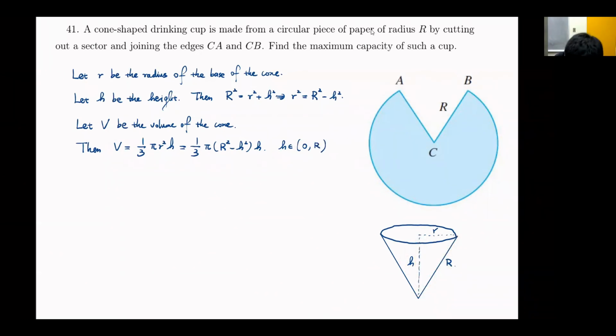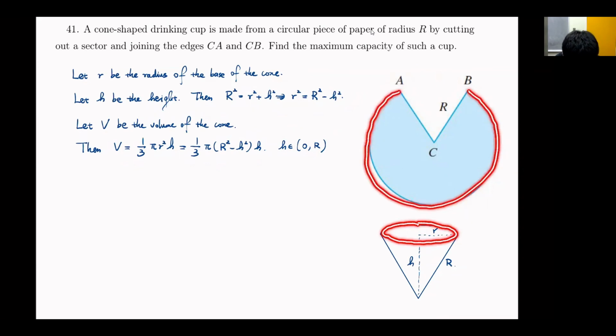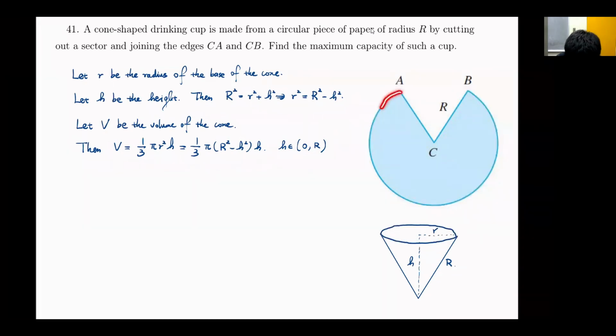Well, you could also consider what happens when h equals R. If h equals R, that means the radius is actually going to be 0, and that means this circumference equals 0. This circumference should be the same as the arc length of AB over here. So this arc length being 0 simply means the sector you cut off is the whole circular paper.